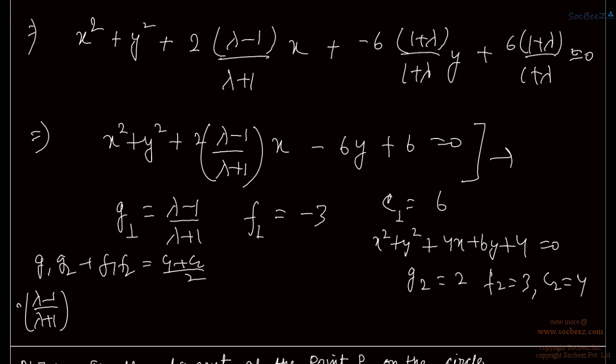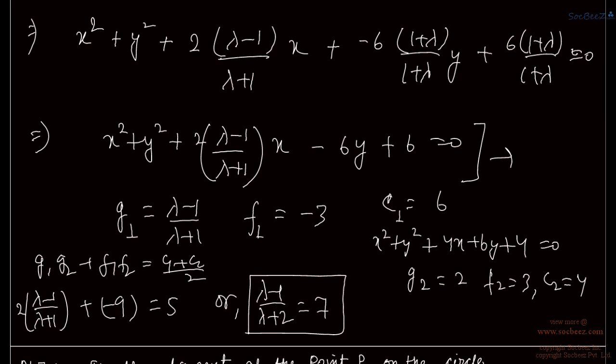Lambda minus 1 upon lambda plus 1 times g2, which is 2, plus f1 f2, which is minus 3 times 3, which is minus 9, is equal to c1 plus c2 by 2, which is 6 plus 4 by 2, which is 10 by 2, 5. So lambda minus 1 upon lambda plus 1 is 9 plus 5, 14, 14 by 2, 7. So this is 7.